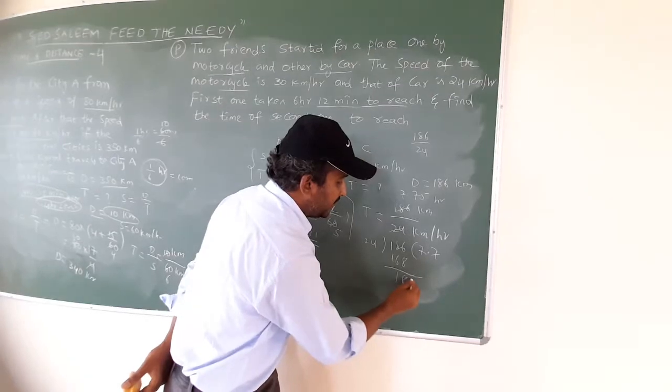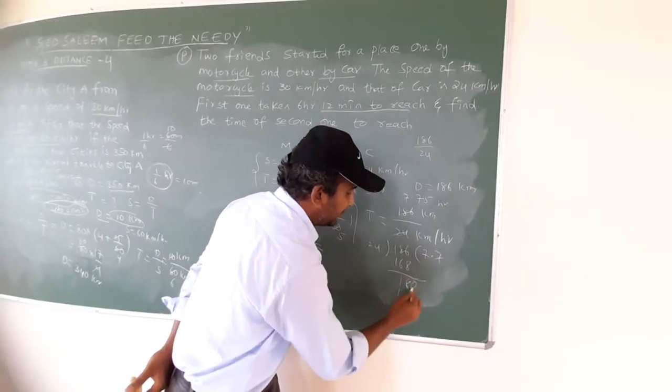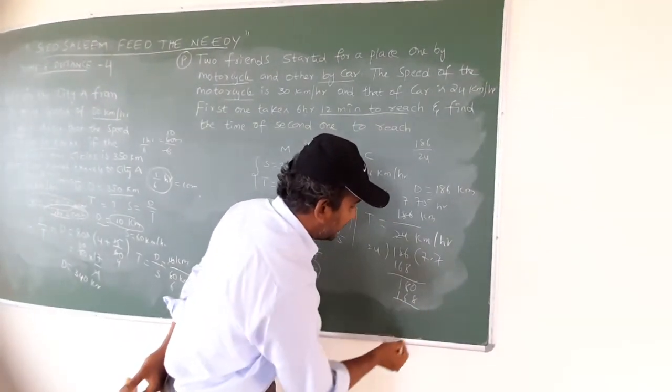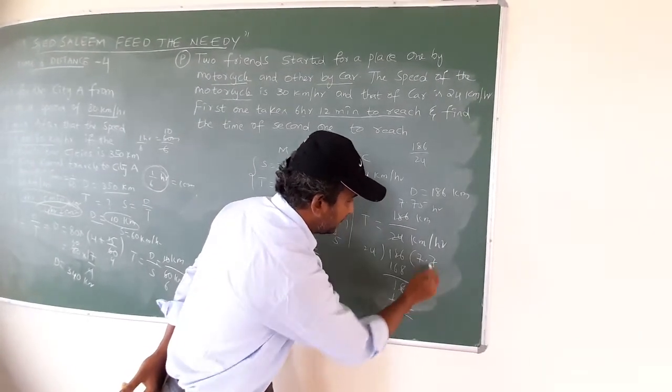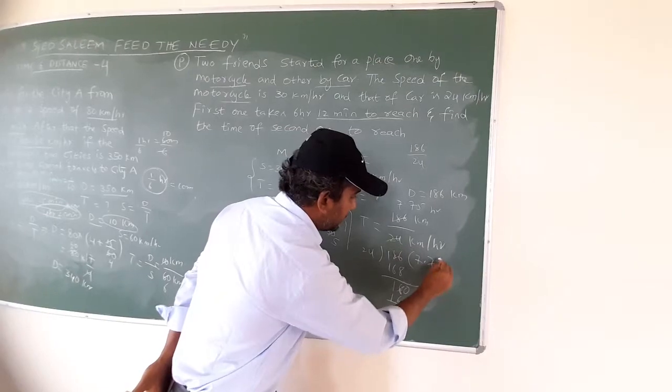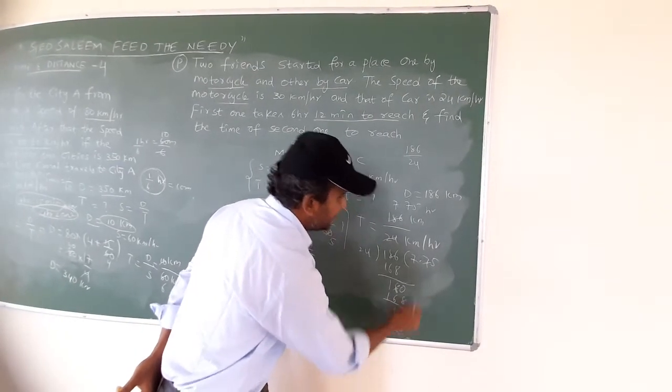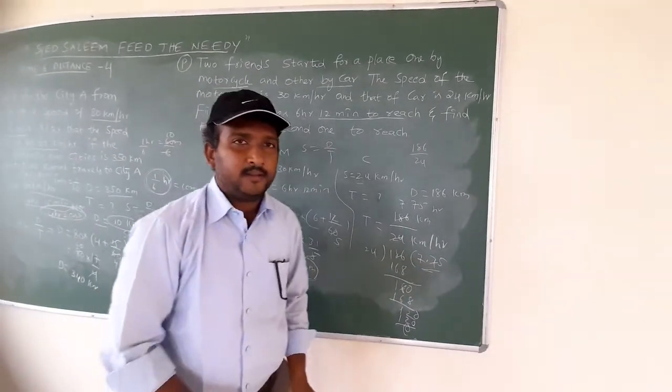Here there is a point, therefore a 0 goes, 180, 24 7s are 168, 180 minus 168 is 12, then another 0, 120, 24 5s are 120. That means 7.75 hours.